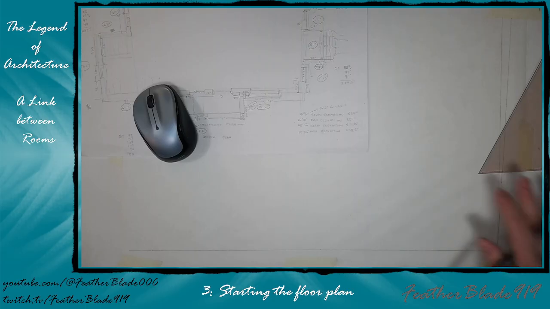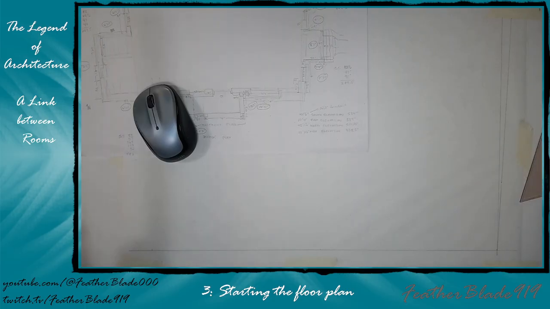So the next thing to do is we need to find the length of this corner.